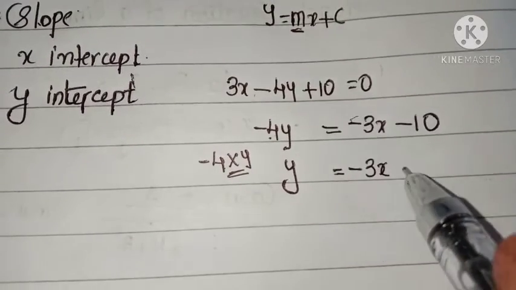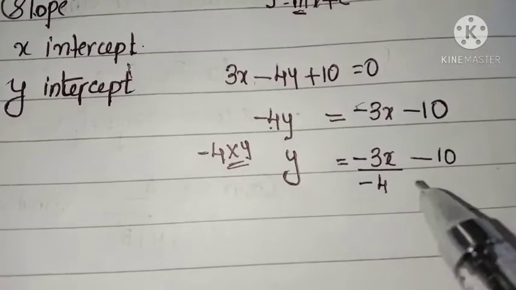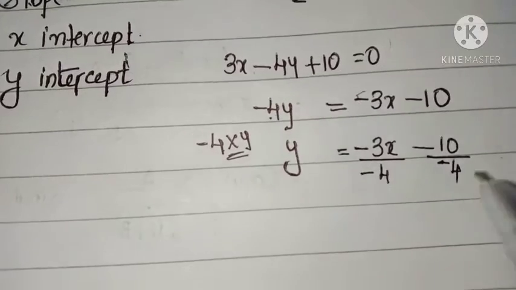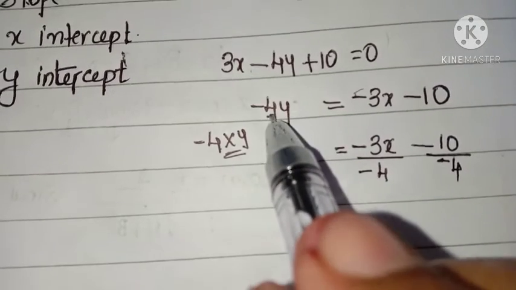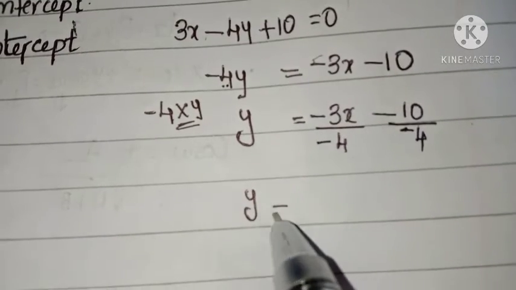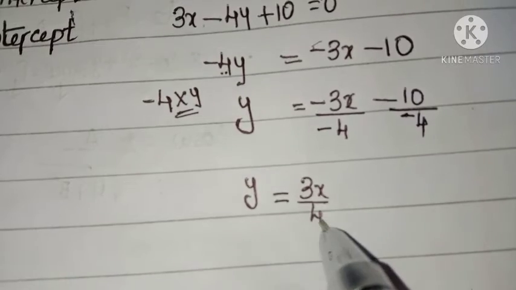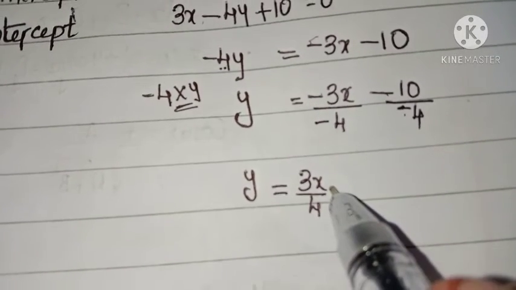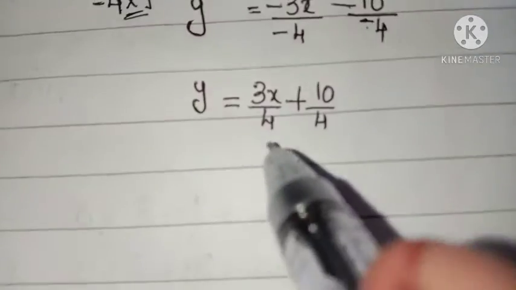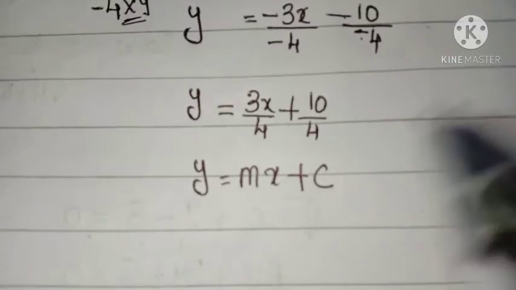So minus 3x by minus 4. Negative can be cancelled. 3x by 4. Negative into negative, positive. 10 by 4. So this is the equation of the form y equal to mx plus c.